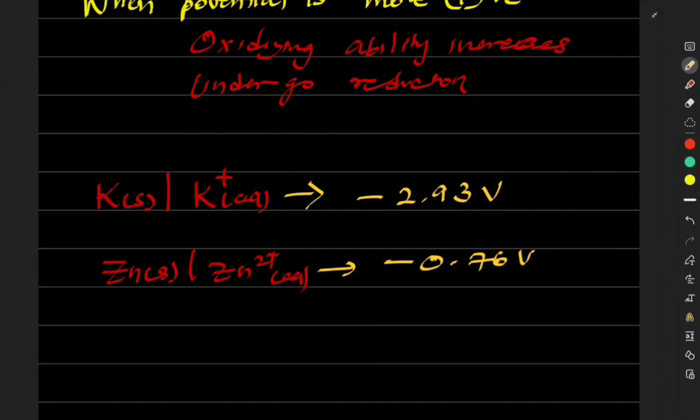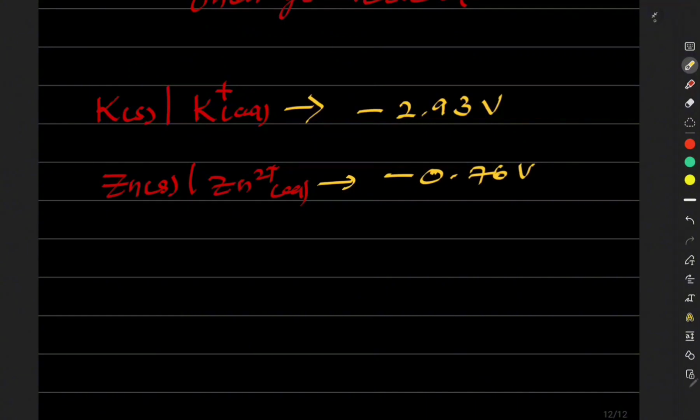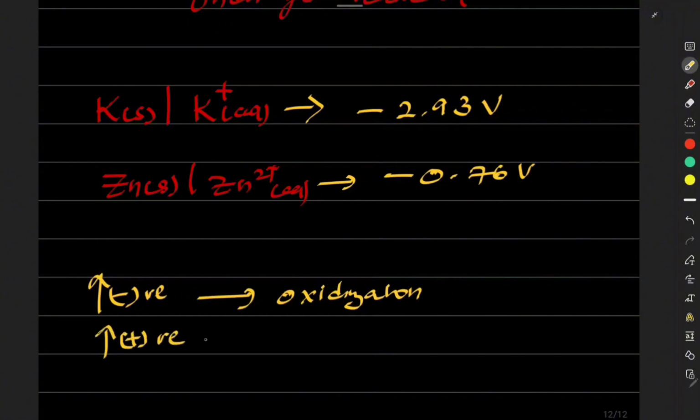Therefore, the negative potential will try to oxidize, and the positive ones have fewer electrons, therefore they will gain electrons. More negative means oxidation. More positive means reduction.